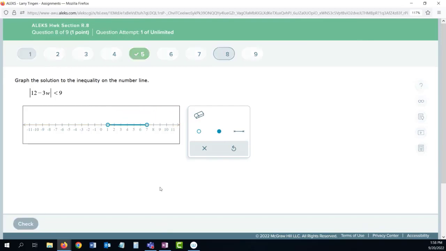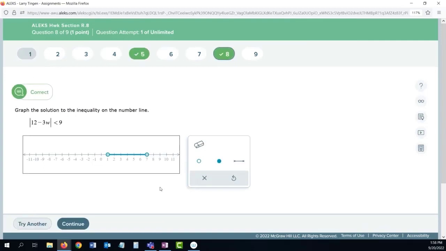The only answer I said was the numbers between 1 and 7, not including 1 and 7. So you set your endpoints. If they're parentheses, open circle. If they're brackets, closed circle. And then highlight the interval or intervals that are in the solution.